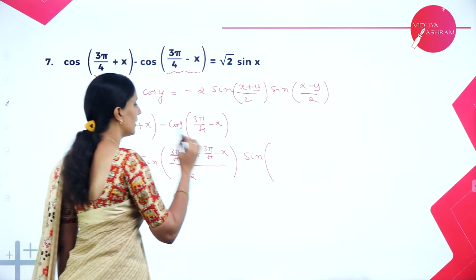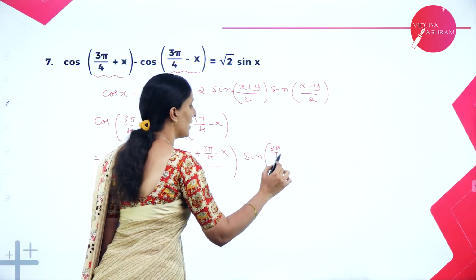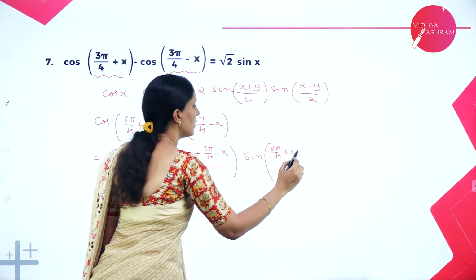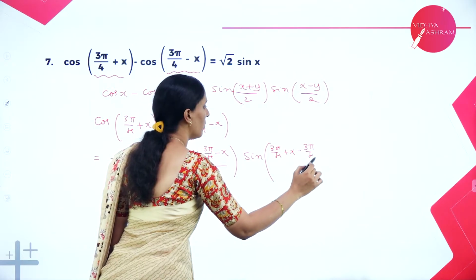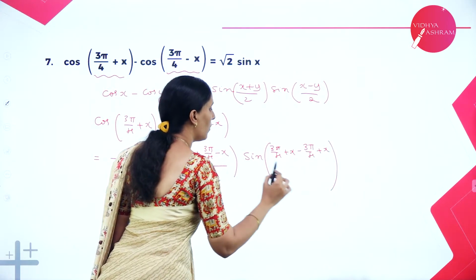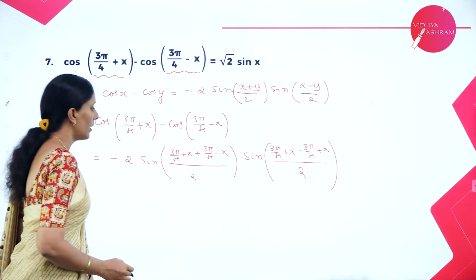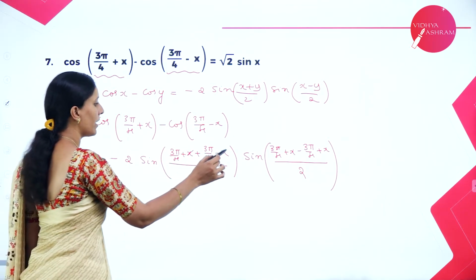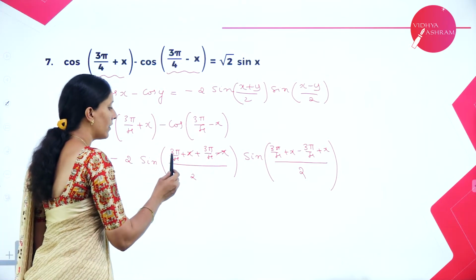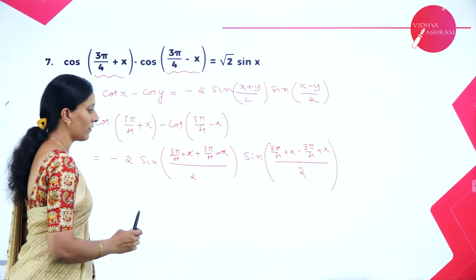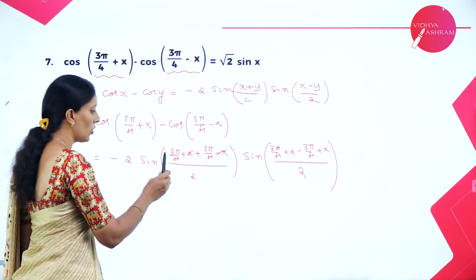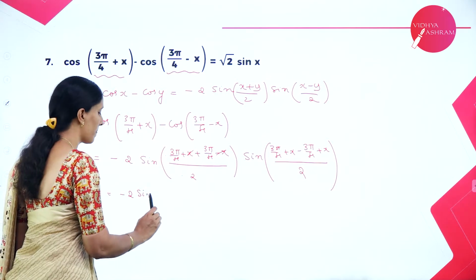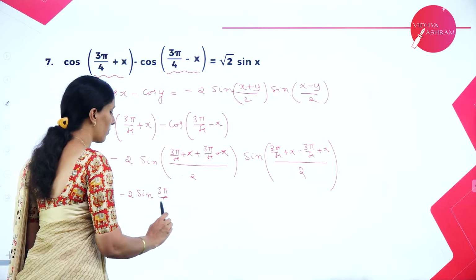So x is 3 pi by 4 plus x minus the other, this becomes minus of 3 pi by 4 plus x whole divided by 2. Now clearly you can see here in the first term x and minus x cancel. We have 3 pi by 4 plus 3 pi by 4, 2 times 3 pi by 4. So 2 and 2 get cancelled. We are left with sin 3 pi by 4.